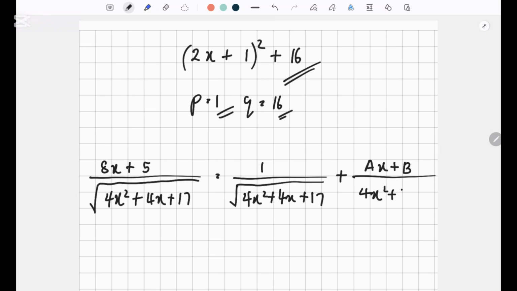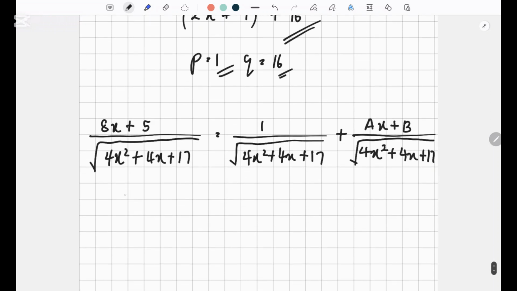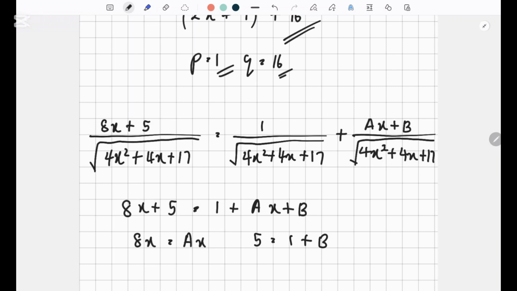So you can see the bases are all the same, so you can write 8x plus 5 equals 1 plus ax plus b. So x terms you write together: 8x equals ax, and then you can write 5 equals 1 plus b.